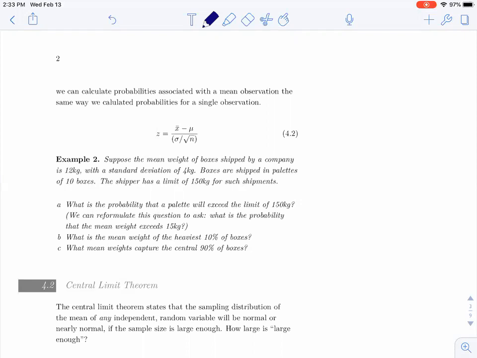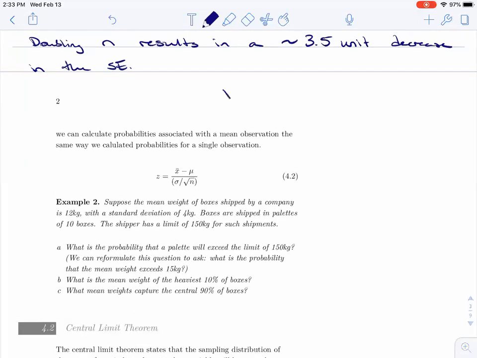We can calculate probabilities associated with a mean observation. So I'll just make a note here, up above. So X bar, remember, follows a normal distribution with a mean mu and a standard deviation sigma over root n. And then from before, we said Z is X minus mu over sigma.